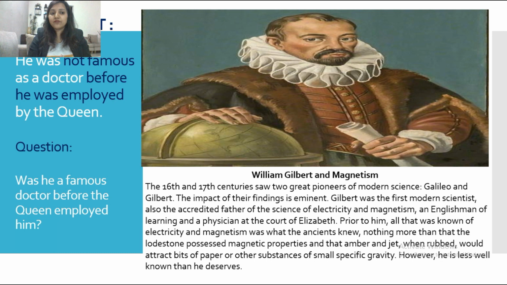After analyzing the statement, the question we have framed is, was he a famous doctor before the queen employed him? Go through the paragraph and then tell me whether you are able to answer this question. Before his employment as a physician in the court of the queen, was he famous or was he not famous?